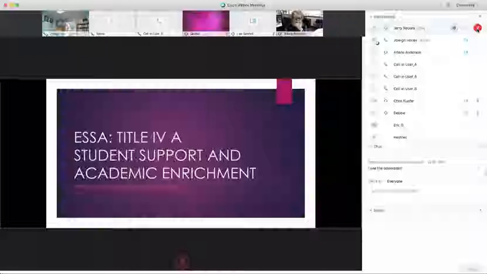While the funds are using the same formula, when you submit your application, you do not have to use the funds at each individual school in the same way that Title I funds are used. Now, I also want to say that while the formula is the same, it does not mean the funding is the same. So if you get $2 for Title I, that does not mean that you get $2 for Title IV Part A. While it's the same formula, it's like the proportionate amount.